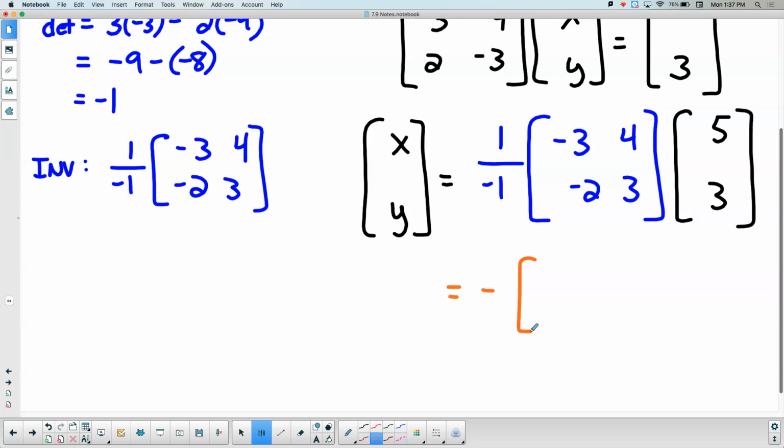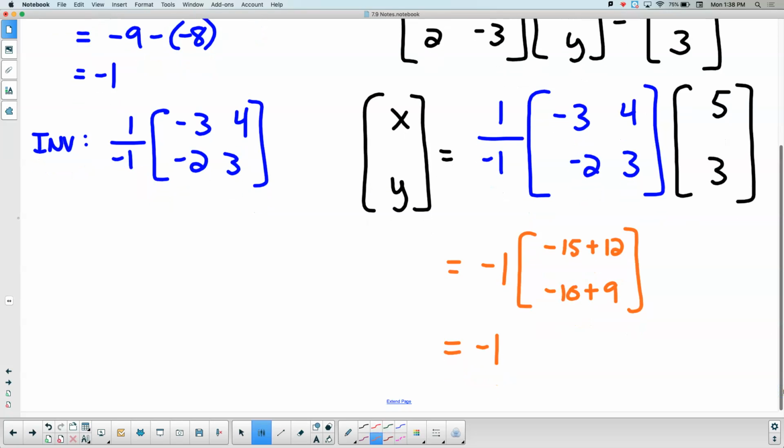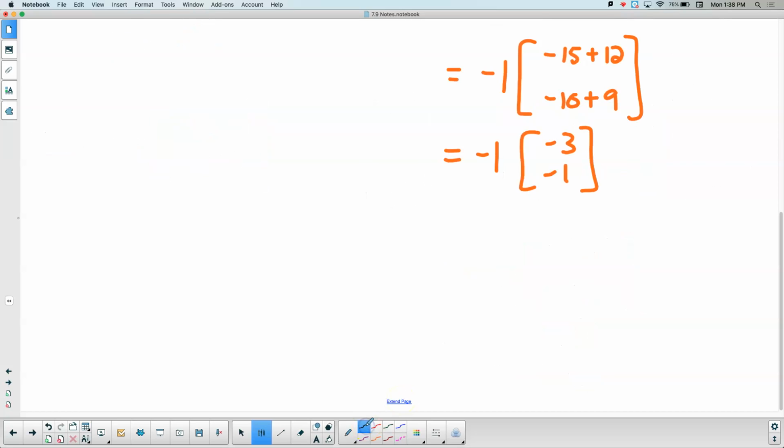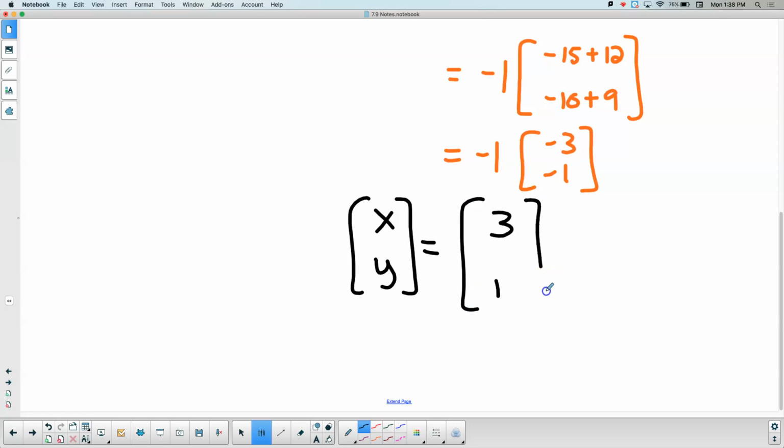Negative 3 times 5 is negative 15. 4 times 3 is 12. Negative 2 times 5 is negative 10. 3 times 3 is 9. Oh, what's that? Negative 3. Negative 1. So I get, all the way down here, that x and y are 3 and 1. Let's check it.